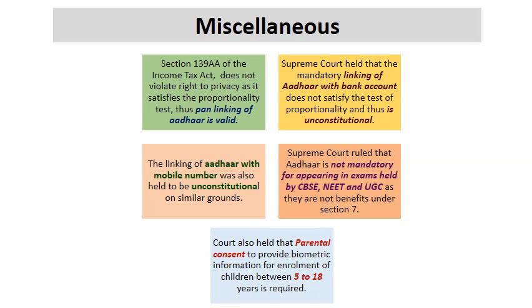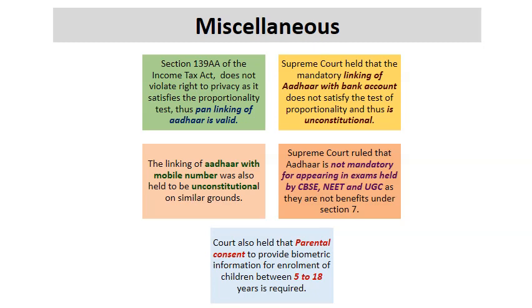Now we'll look at some of the miscellaneous issues related to the Act. First of all, Section 139AA of the Income Tax Act was amended, which allowed PAN linking with Aadhaar. The Supreme Court held this as constitutional as it satisfies the proportionality test, because there was a need for such legislation as there were many fake PAN cards around which were made for the purpose of tax evasion.